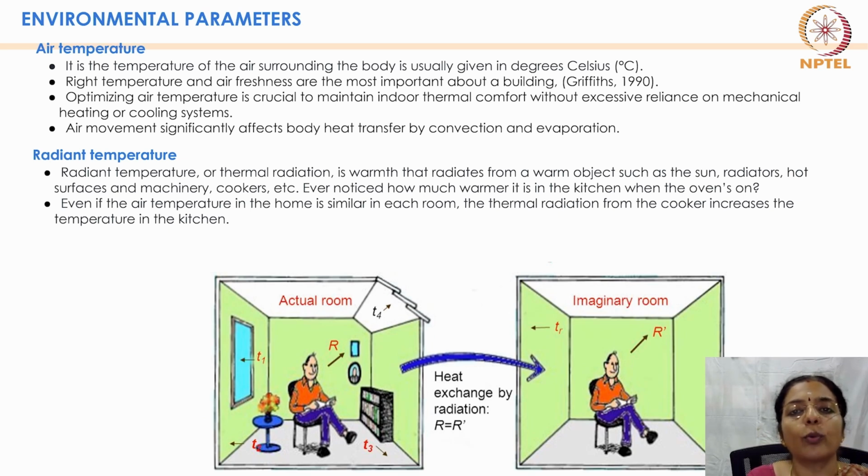You should provide a minimum working temperature in workrooms, usually at least about 16 degrees centigrade, for strenuous work. There is no law for maximum working temperature or when it is too hot to work.